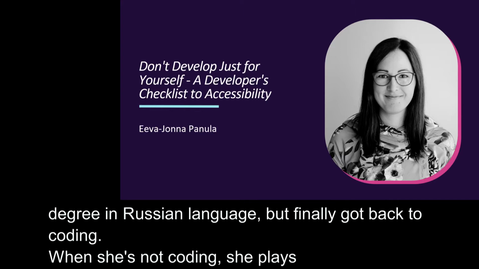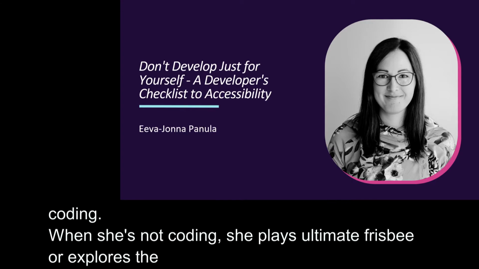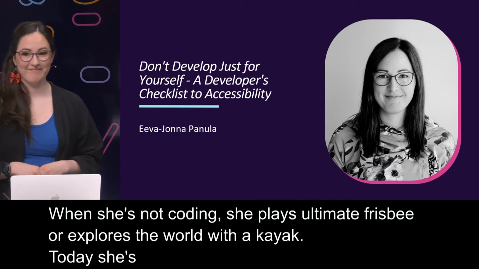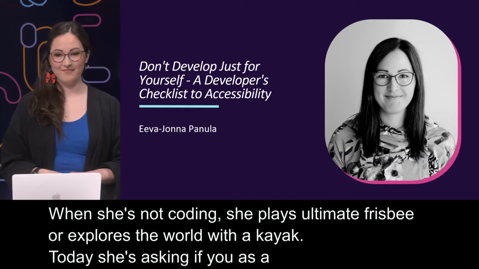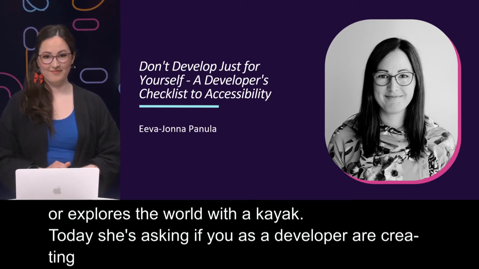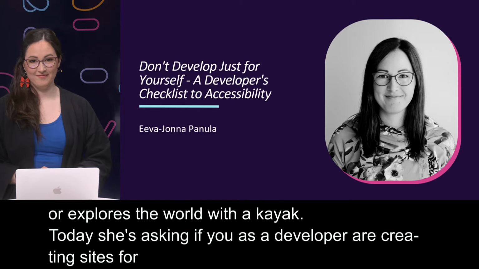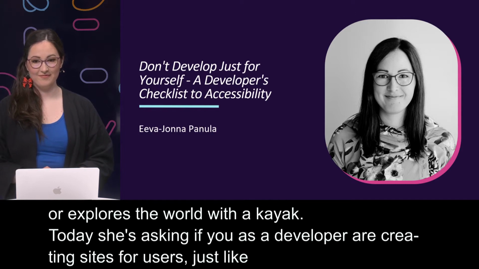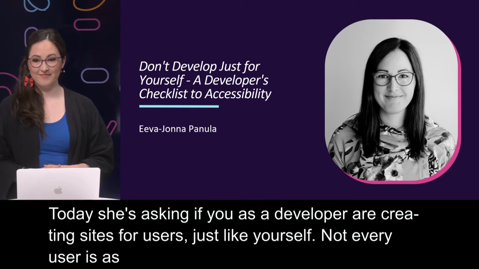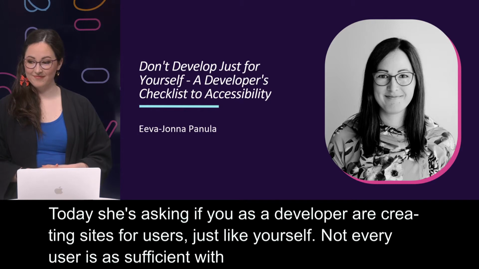And today, Eevis is asking if you, as a developer, are maybe unconsciously developing sites for users just like yourself. It often means a sighted mouse user with good fine motor skills and who is proficient with computers, but not every user is like that. Many projects have automated accessibility checkers, and that is a good start.